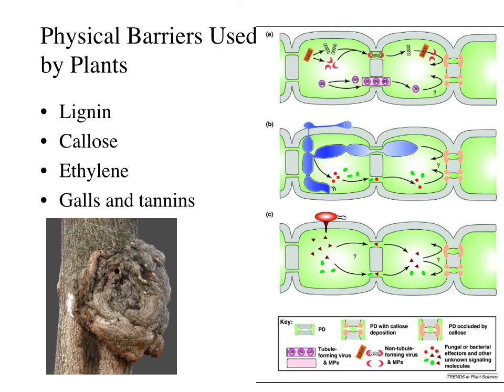So plants, unlike mammals, lack mobile defender cells and a somatic adaptive immune system. Instead, they rely on the innate immunity of each cell and on systemic signals emanating from infection sites. If we look at some of the barriers here, you can see that lignin is a strong type of molecule that provides plants with a defensive structure similar to that of fibrous proteins.